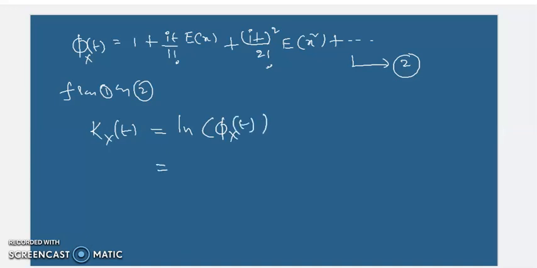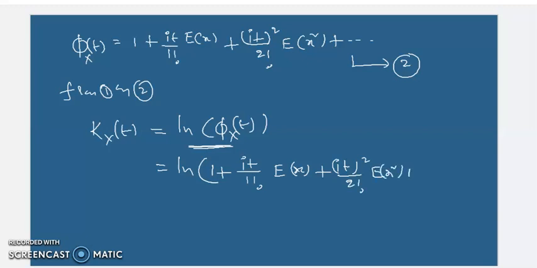Okay, substitute in the right hand side: ln of phi_X(t). From equation number 2, 1 plus it by 1 factorial into E of X plus (it) whole square by 2 factorial into E of X square plus and so on.